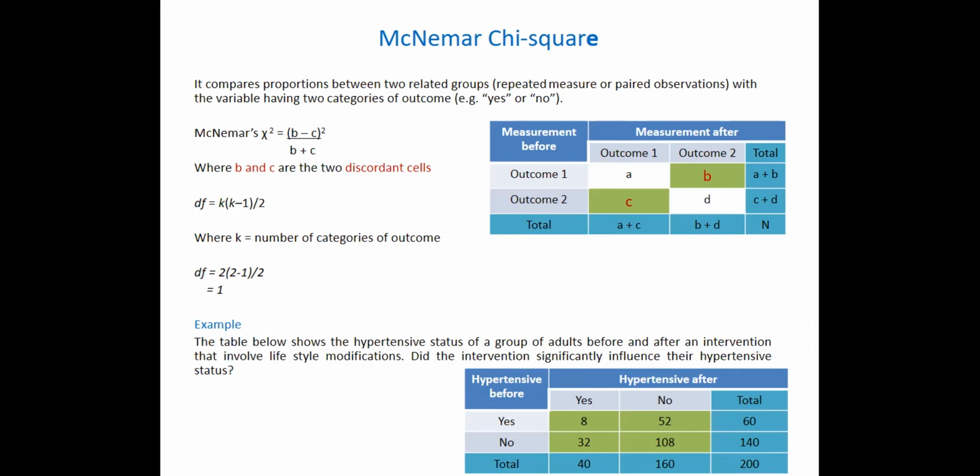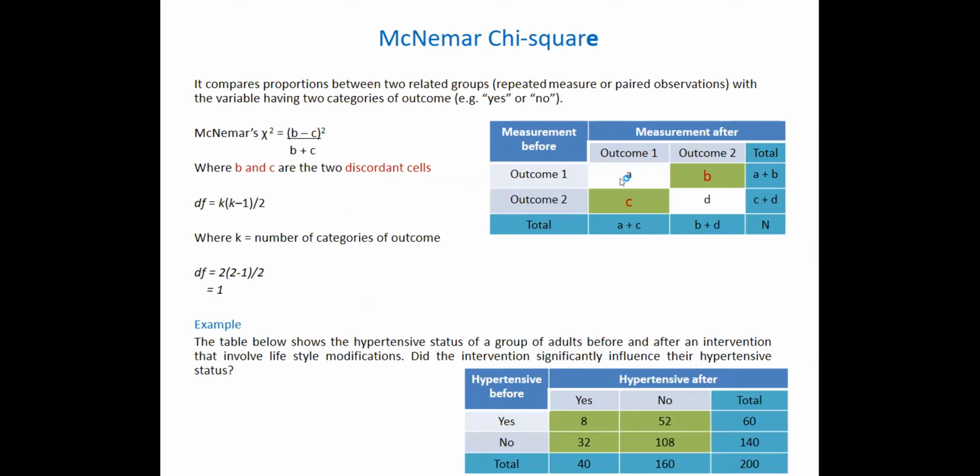The example we have now, look at it. The table below shows the hypertensive status of a group of adults before and after an intervention that involved lifestyle modifications. Did the intervention significantly influence their hypertensive status? Look at the table. On the horizontal axis is hypertensive status before your intervention.